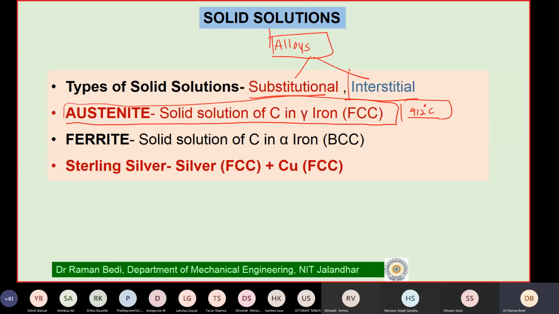It is an interstitial solid solution. So austenite is an interstitial solid solution where the carbon atoms are occupying which voids? FCC voids. Which voids are larger?